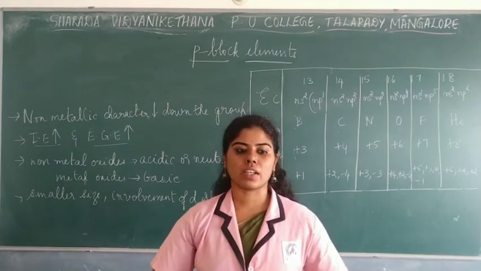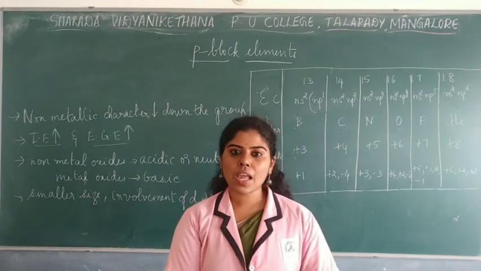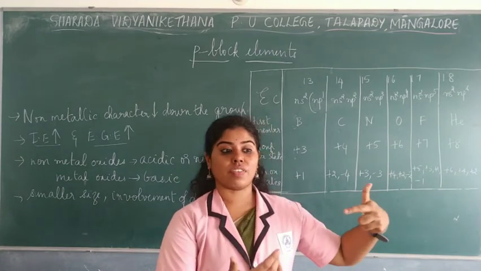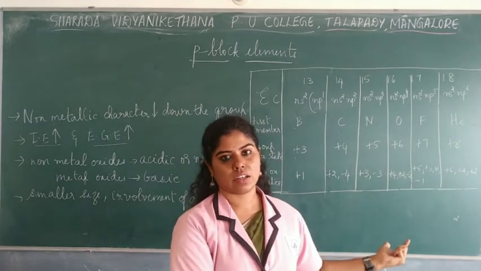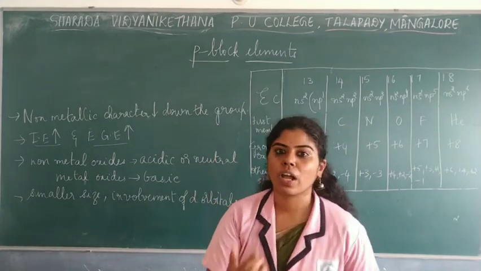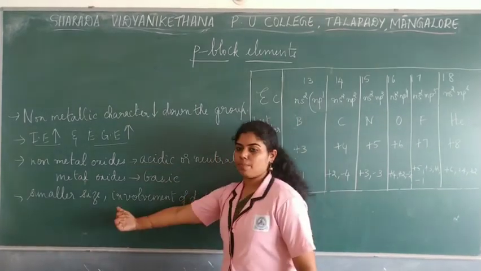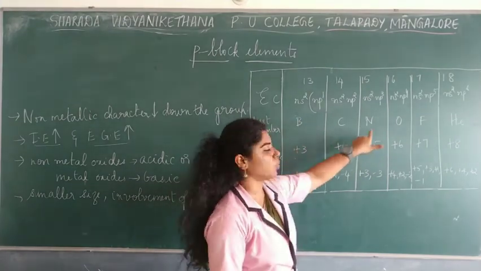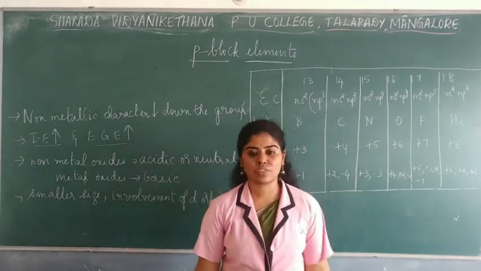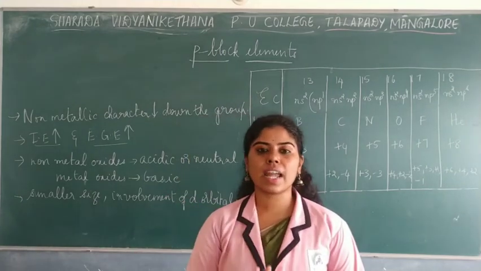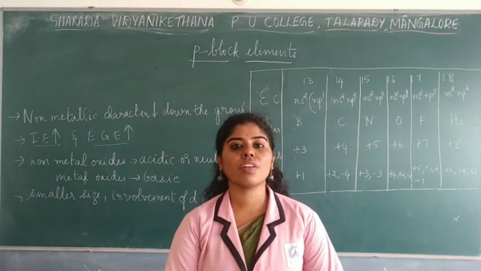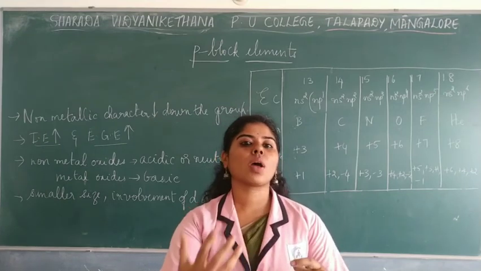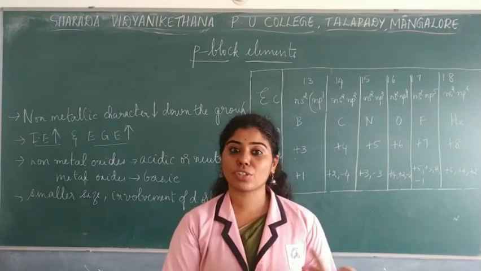Obviously it can increase, because you have s orbitals, p orbitals, and then d orbitals, which means the number of bonds can increase. Covalence will be more. But the first element of each group will not contain d orbitals in its electronic configuration. So there is a minimum number of orbitals involved in the formation of bonds.